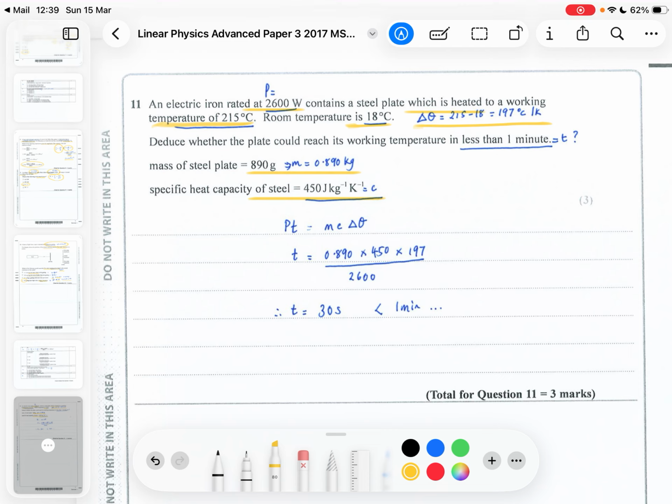Can this power reach this working temperature in less than 1 minute? So they want you to find t, where the power times time is the energy that goes into heating the steel plate. So you just put all the values in and put t as the subject, and you'll get 30 seconds. So yes, it can reach it in less than 1 minute. 3 marks.